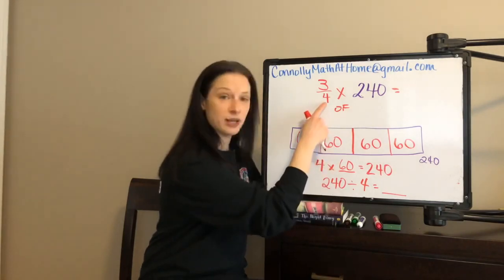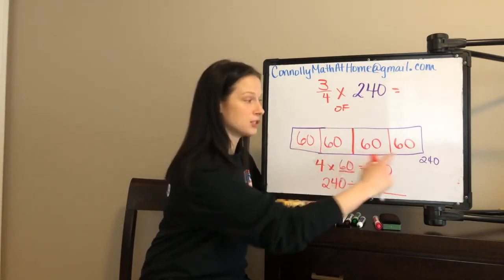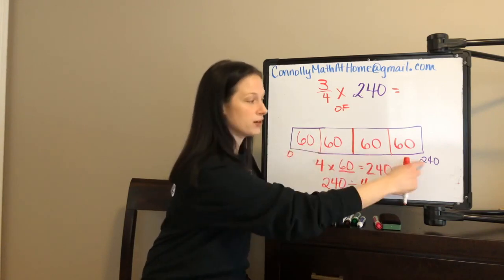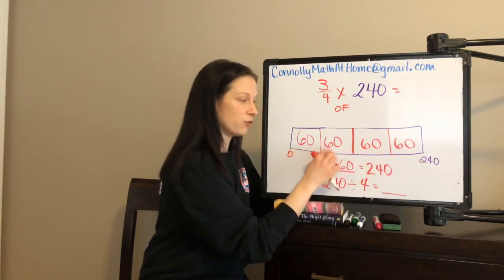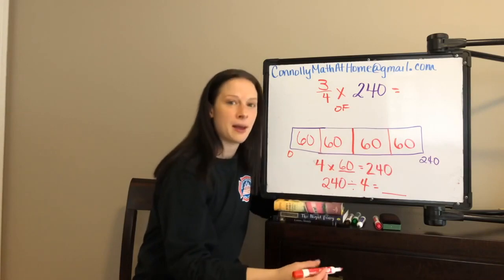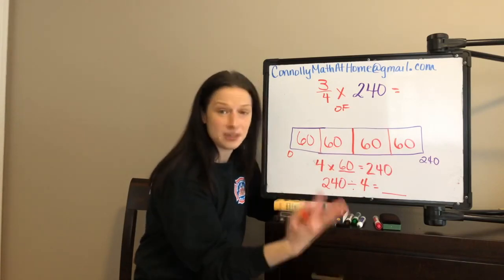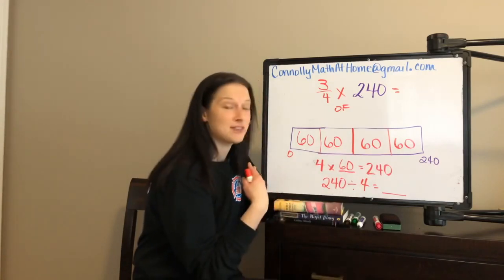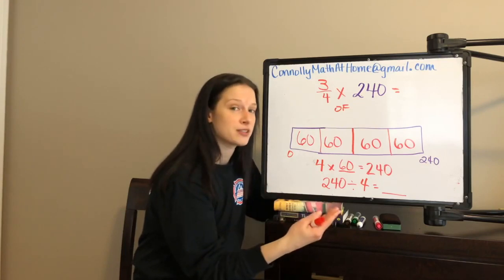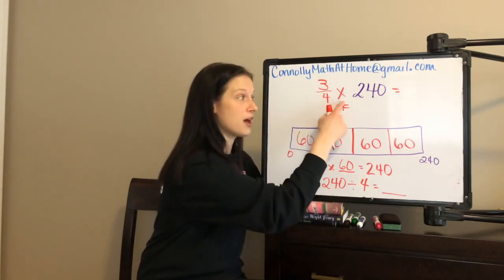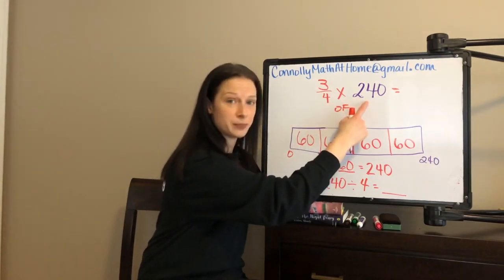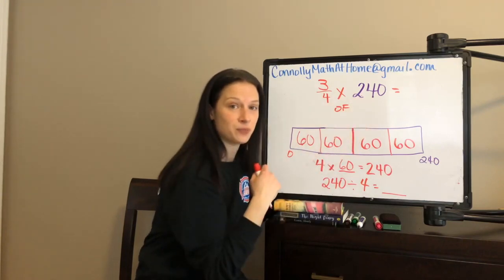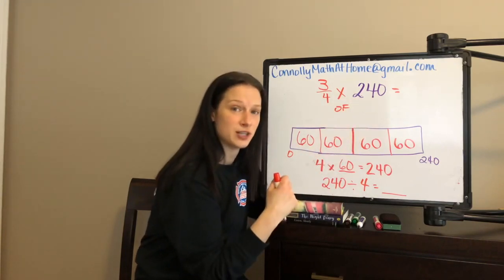We said, I know I'm working with fourths, so I'm going to split my 240 into fourths, and I figured out what each fourth was worth. But a couple days have passed. I've done 3/4 of 240. So what do I do in this situation?